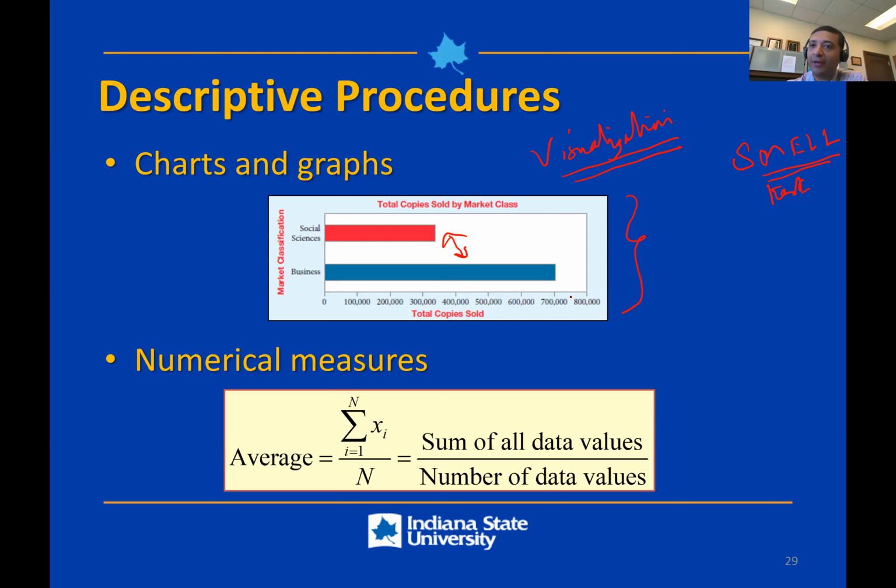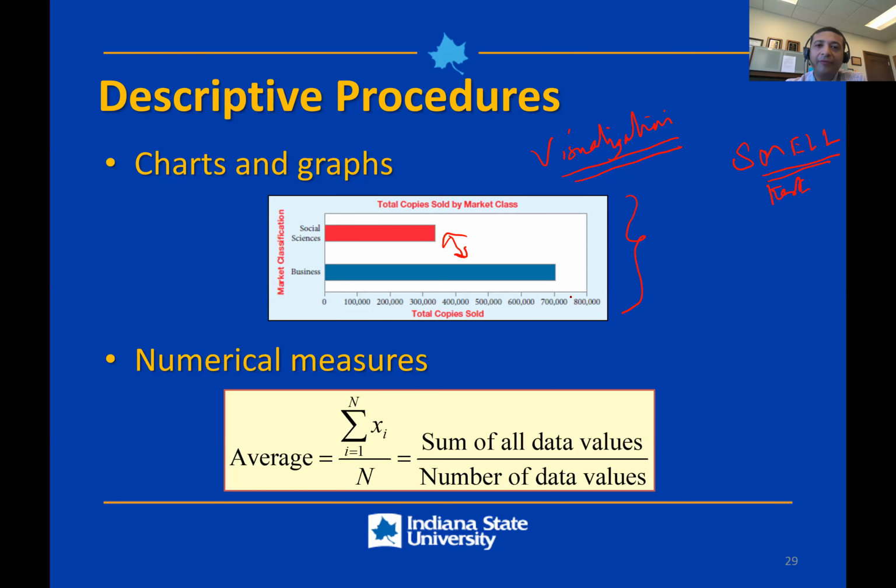What we are inferring is based off of the specific sample on which we are doing our work. And so there is only so much I can talk about while I'm visualizing. But it is extremely powerful because, as the saying goes, a picture is worth 1,000 words. It helps tell a story. And that's where charts and graphs can be extremely important.